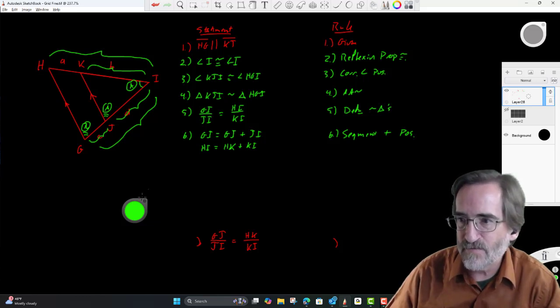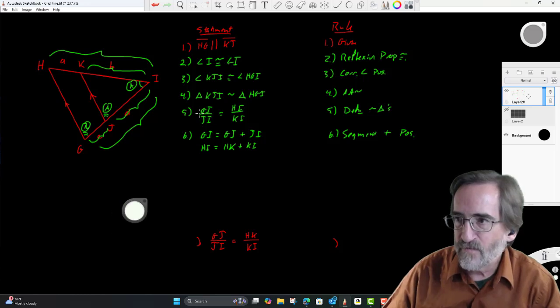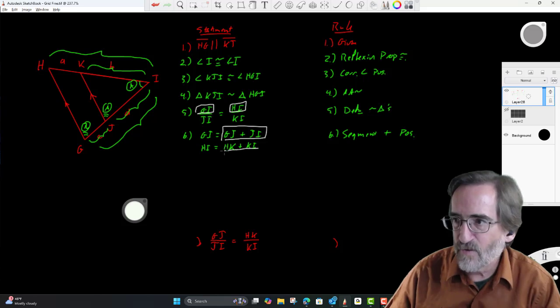Now let's do a little substitution. Instead of GI, I'm going to write GJ plus JI. And instead of HI, I'm going to write HK plus KI. Substitution.